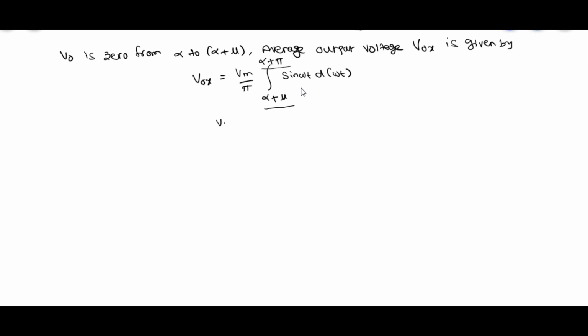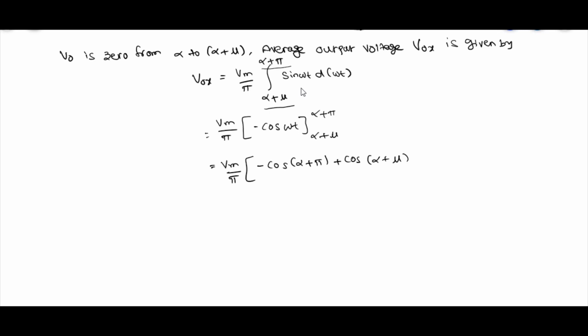Right now it is Vm by pi, minus cos omega t, from alpha plus mu to alpha plus pi. So that will be equal to Vm by pi, minus cos alpha plus pi plus cos alpha plus mu, right?